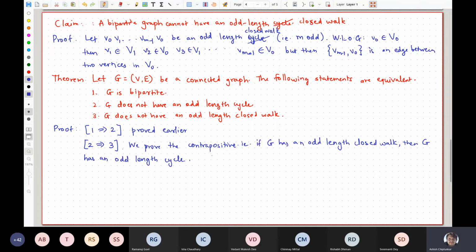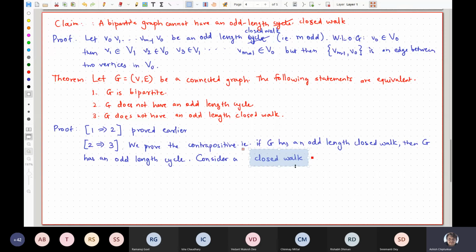Right. So now I'm not going into the same well-ordering principle business. Look at the set of lengths of all possible odd length closed walks in the graph. By well-ordering principle, it has a minimum element. Pick that minimum element, and because it is in the set, you must have a closed walk of that length, and so on. I'm not going to say all that. I'm just going to say: consider an odd length closed walk of minimum length.